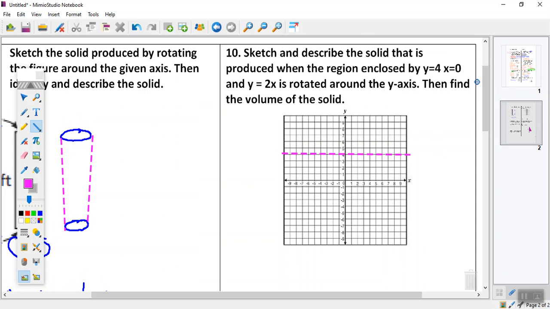Y-axis. Good, Chase. Here's my second boundary line at x equals 0 on the graph. What's the third boundary line? Y equals what? In slope-intercept form, where would your intercept start? This is like 2x plus how much? 0. And so 0 would be the y-intercept to start at.